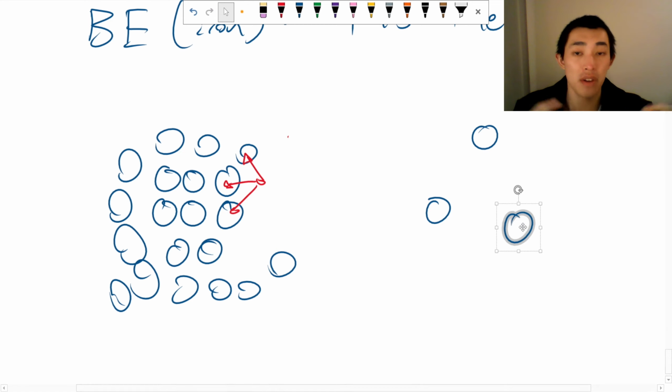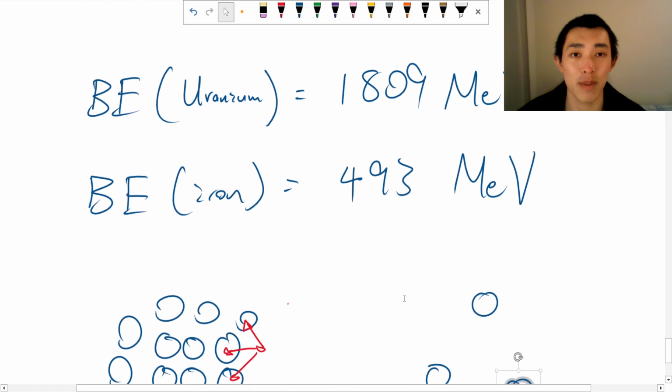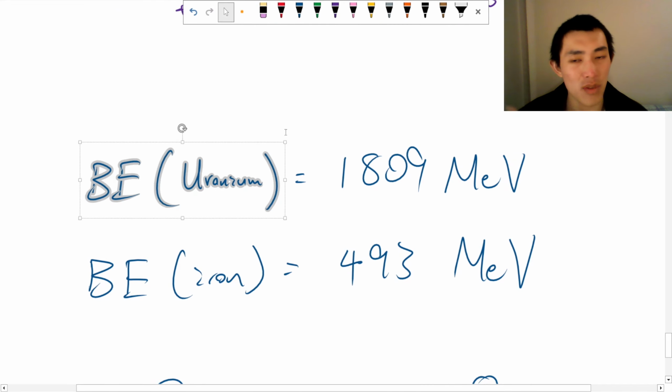Uranium has about 5 times as many nucleons as iron, so you need to do this 5 times as many times, and you're going to put in 5 times as much energy. And so that's going to kind of mess around with it.